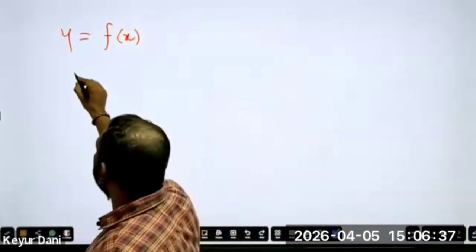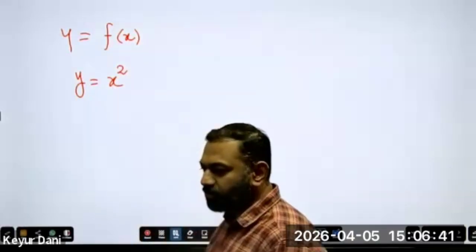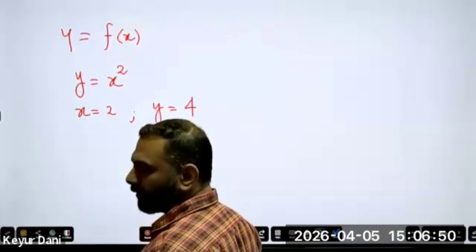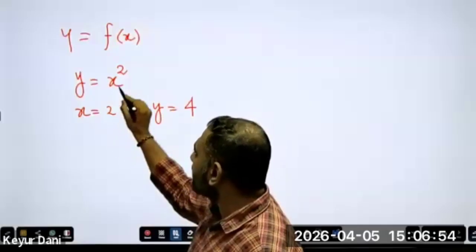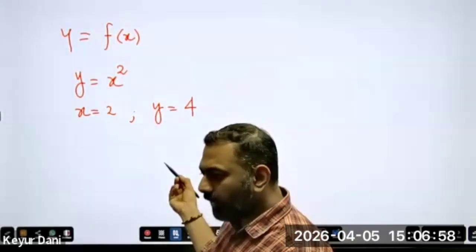For example, if we have a function, let us say y is equal to x square. All right. If I put the value of x as 2, what do I get y as? 4. Because if I put 2 here, I get 2 square, the answer is 4. Am I right? Yeah. If I put x equal to 7 here, what do I get?